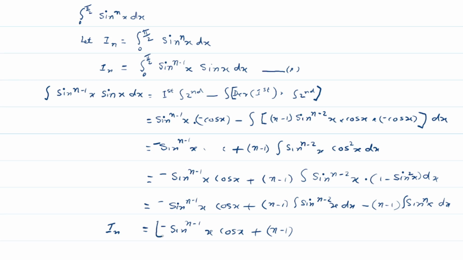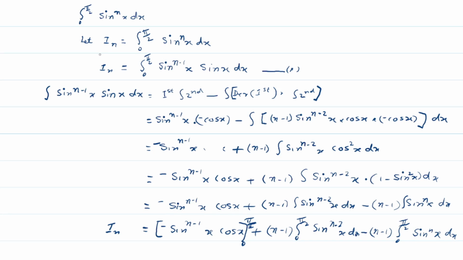So we will put the values 0 to pi by 2 here: the integral from 0 to pi by 2 of sine raised to n minus 2 x dx, minus n minus 1 times the integral from 0 to pi by 2 of sine raised to n x dx.